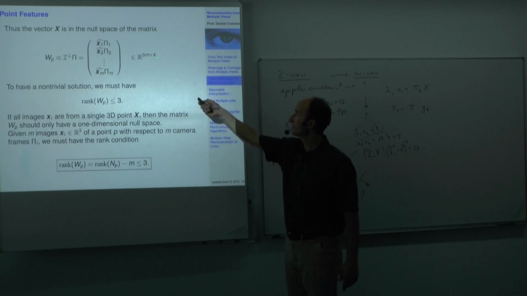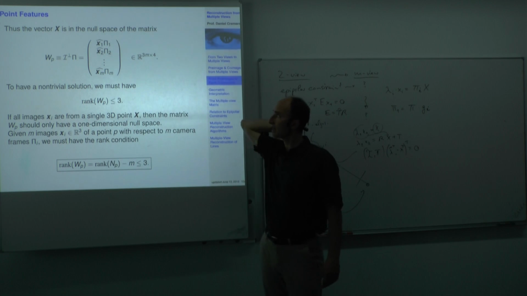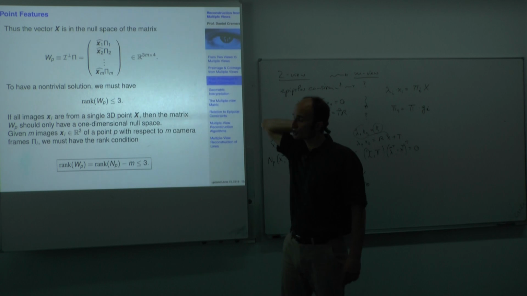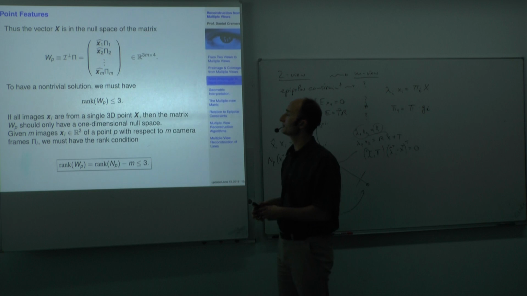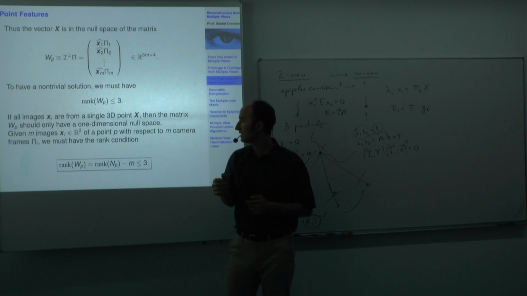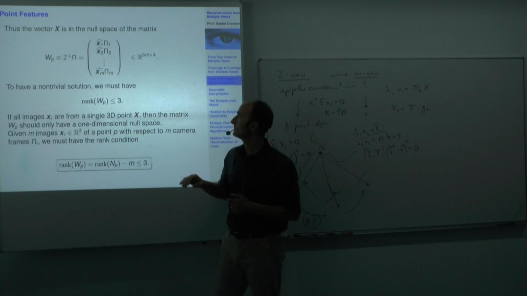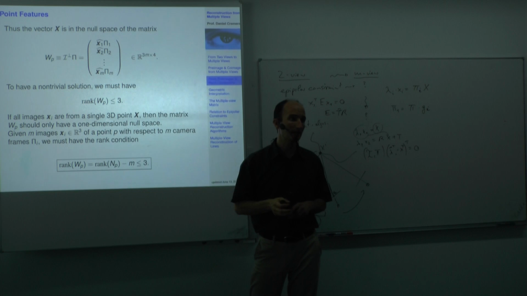And so the rank of this matrix is at most 4. But now the constraint says there should be a non-trivial null space, and that implies if there is a non-zero vector that is mapped to 0, it means the rank is deficient, it means the rank can be at most 3.